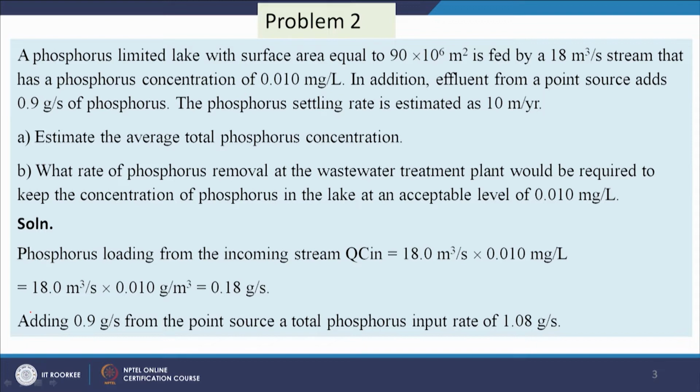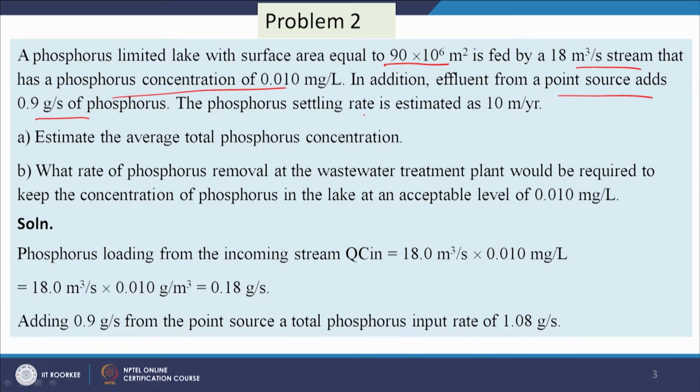Now, problem number 2. A phosphorus limited lake with surface area equal to 90 into 10 to the power 6 meter square is fed by an 18 meter cube per second stream that has a phosphorus concentration of 0.010 mg per liter. In addition, effluent from a point source adds 0.9 gram per second of phosphorus.